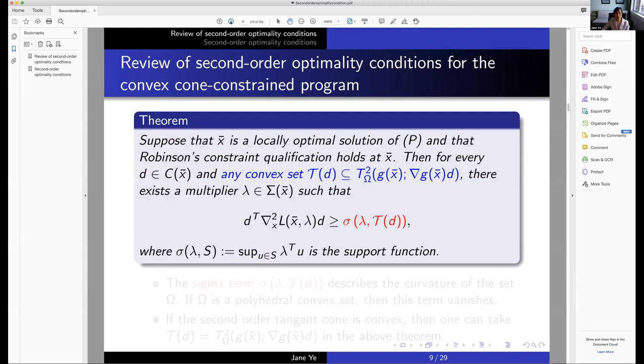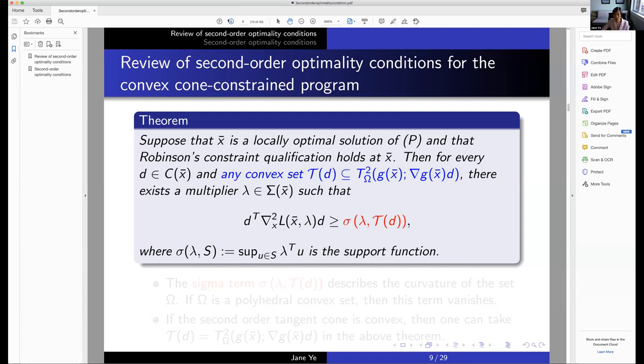For the convex set constraint program, if Robinson's constraint qualification holds, then for each critical direction and any convex subset of the second order tangent cone, you can find a multiplier such that this second order condition holds. The difference from the nonlinear programming case is that it's possible to have this sigma, the support function, on the right-hand side.